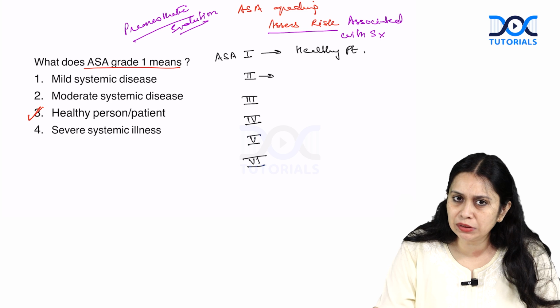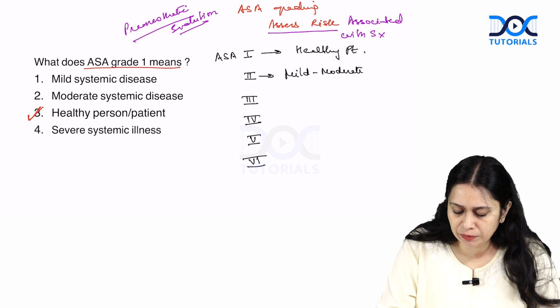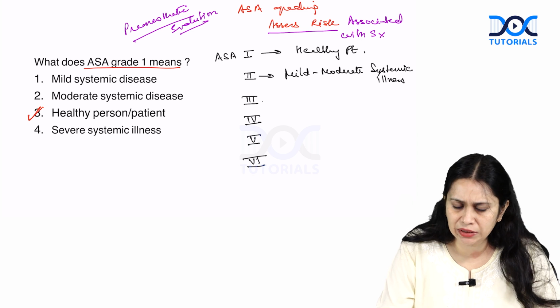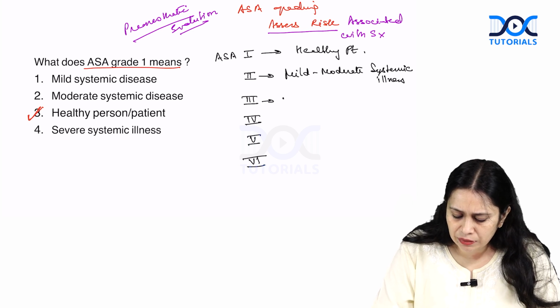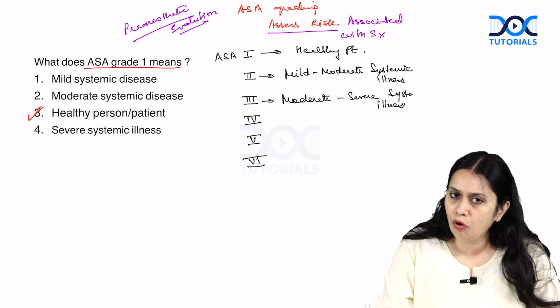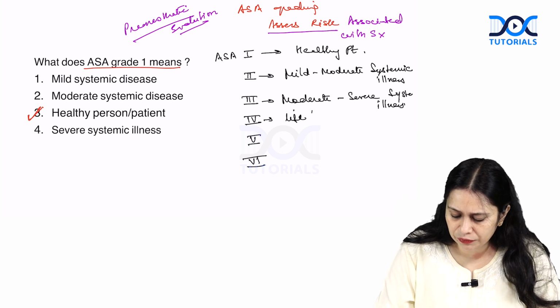Grade 2 is a patient with mild systemic disease, mild to moderate systemic illness. The patient will have no limitation on activity. Grade 3 is a patient with moderate to severe systemic illness. Grade 4, a patient with life-threatening systemic illness.